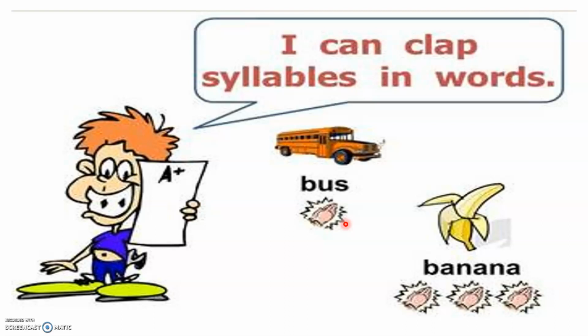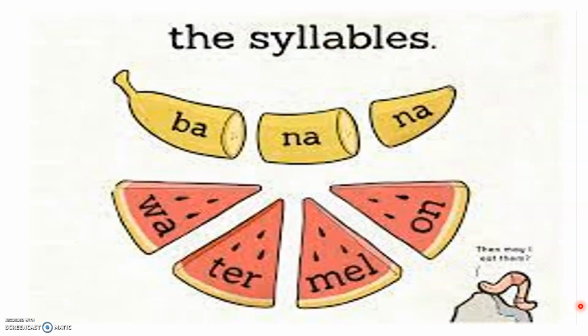So bus consists of one syllable. While banana, let's try to clap the word banana. Ba-na-na. How many claps did you make? Three claps. So the word banana consists of three syllables.